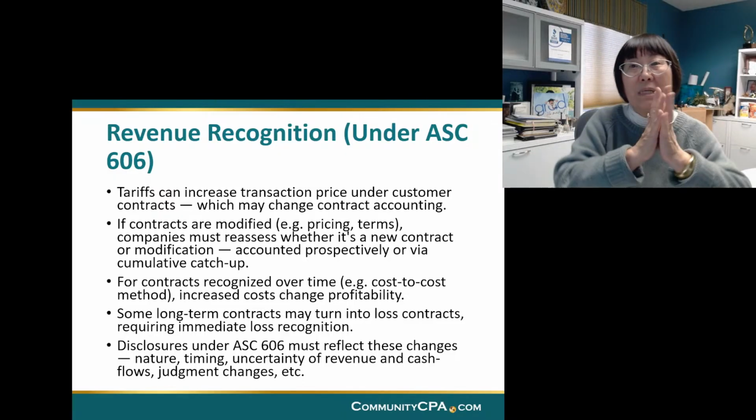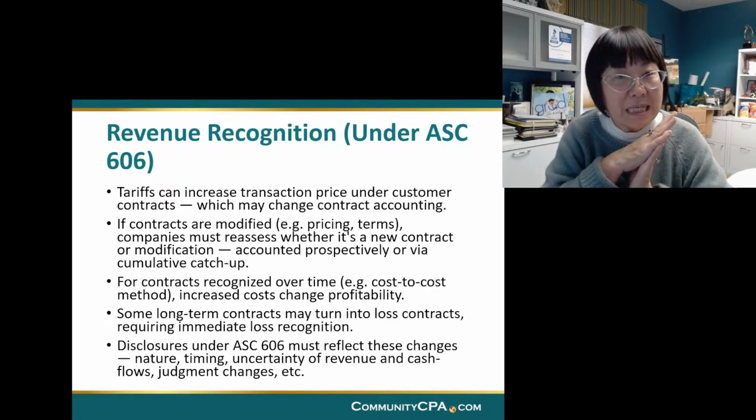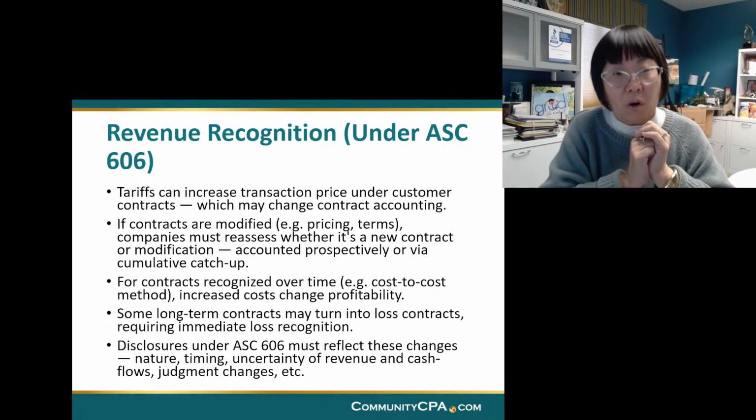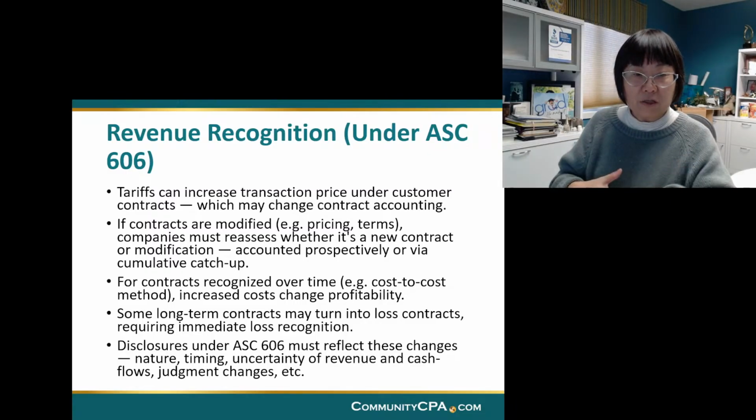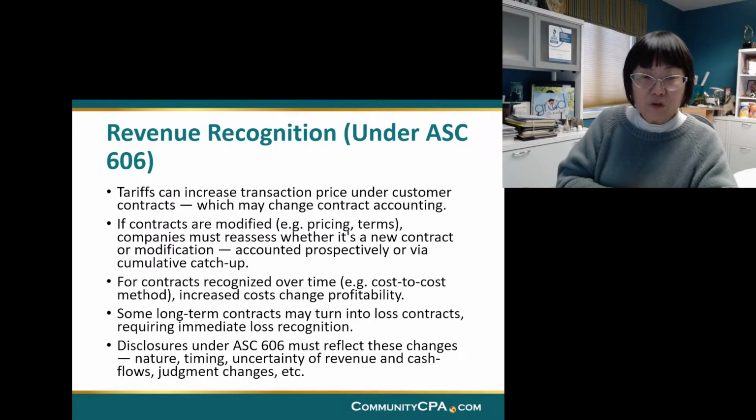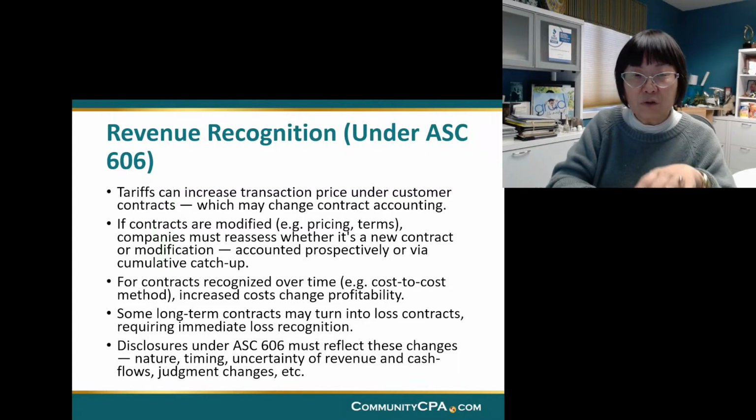If not, you need to recognize your loss immediately, because you already know that's what it is. Hopefully you can still modify your contract, but you want to recognize it to make sure you reflect your real cost and profit.